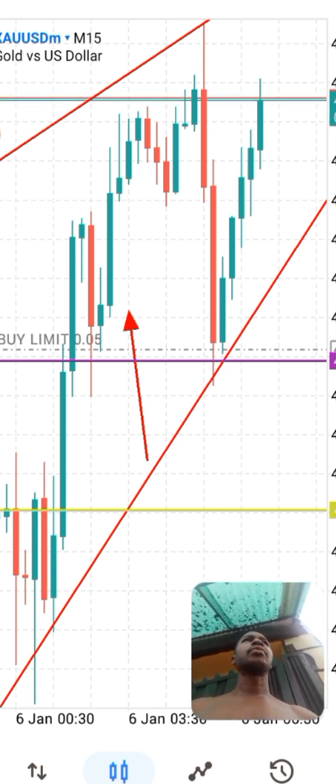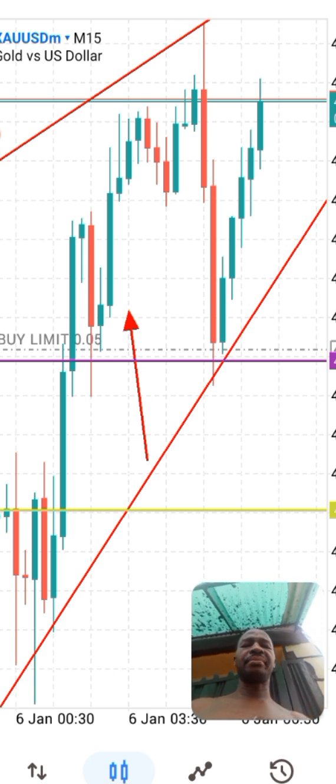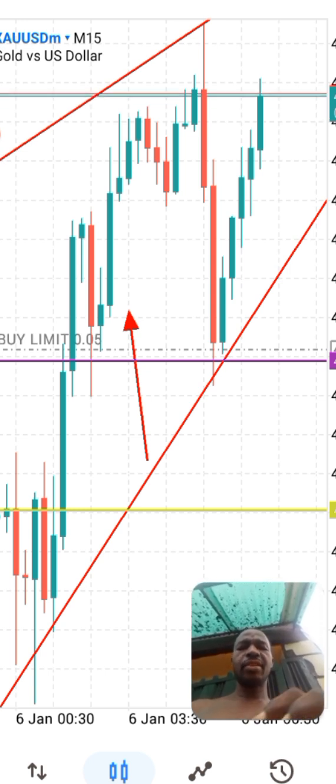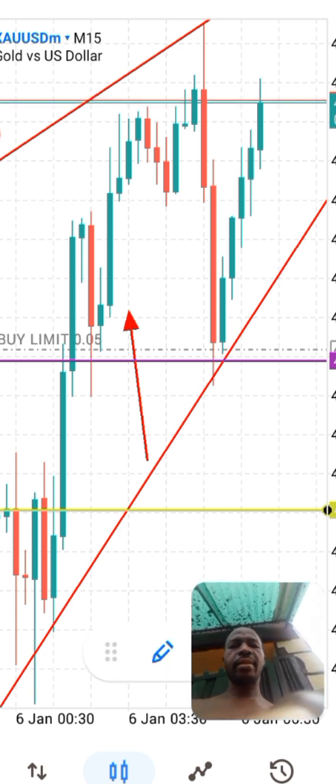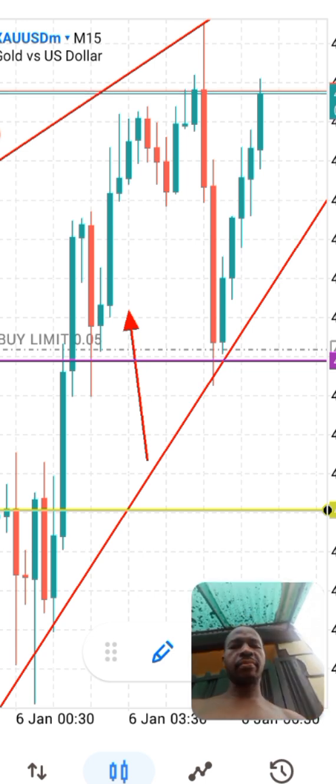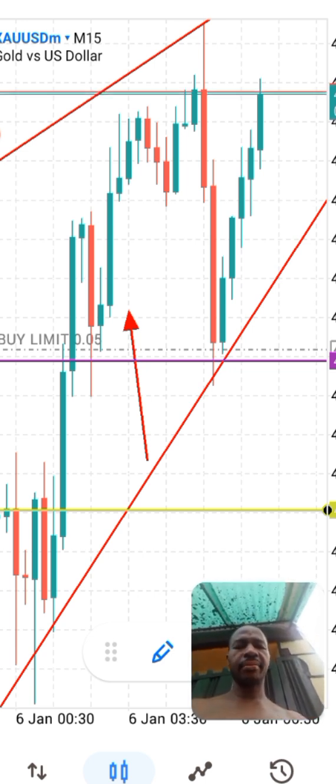That resistance is going to serve as a reversal zone. Since it has been trending up, when it gets to this trend line, serving as a current resistance, it is going to go downside.